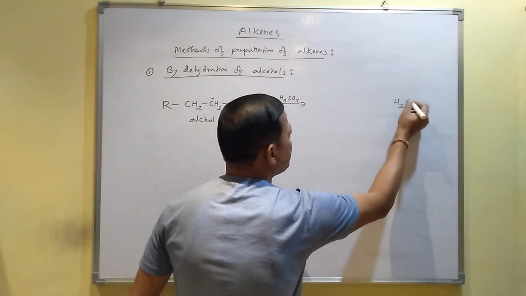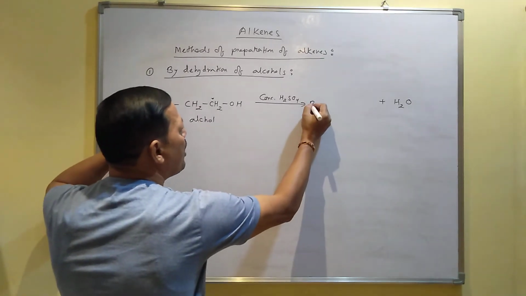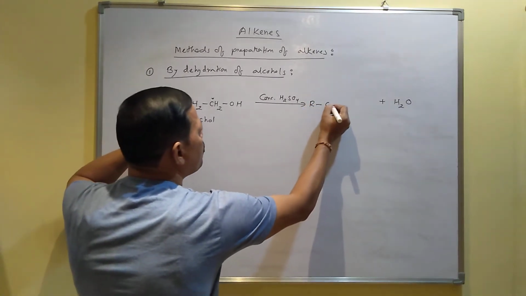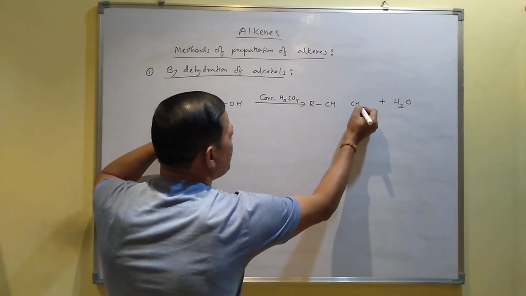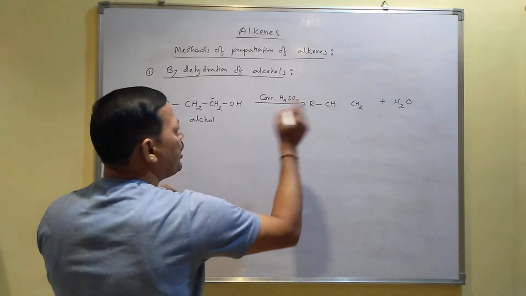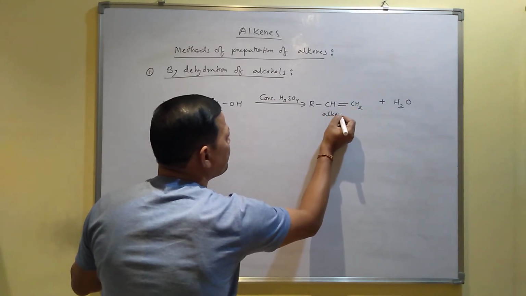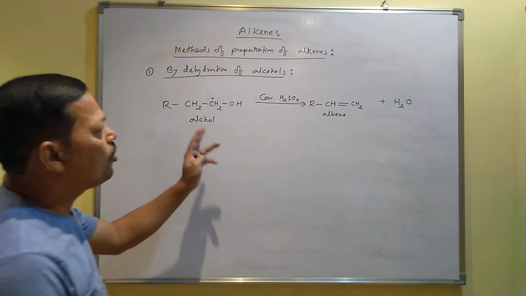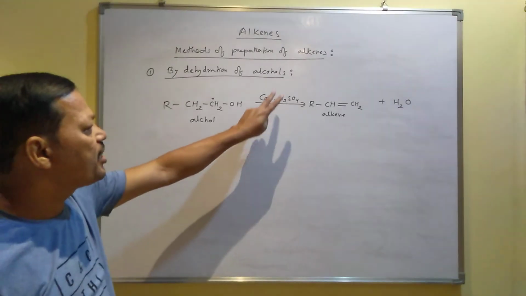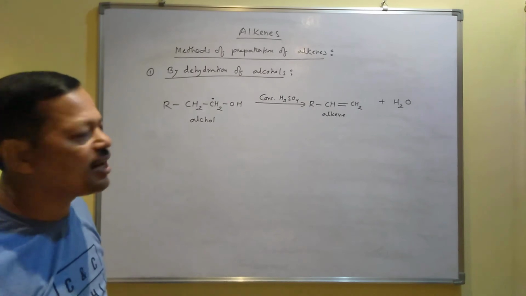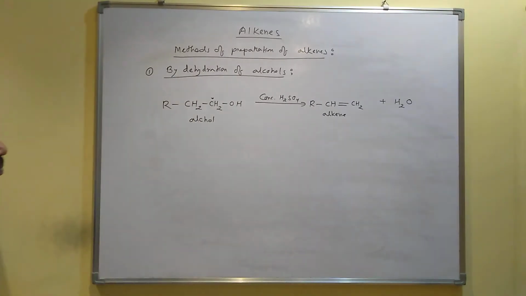When this water is released from the compound, the remaining compound will be R, then CH, because one hydrogen is released from this carbon, and CH2 from the carbon from which the OH is released, and in between them you will get the double bond, you will get the alkene. So from alcohol you can prepare alkene this way by dehydration. This concentrated sulfuric acid is called a dehydrating agent. It can remove a water molecule from alcohol like this.